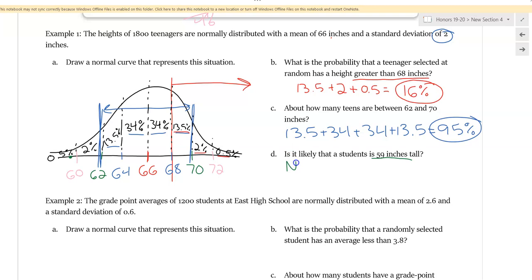So no, 59 is more than 2 standard deviations away from the mean. Okay, so it's either more than 2 standard deviations away or it's less than, and then that would be yes. Okay? All right, let's look at our next example.